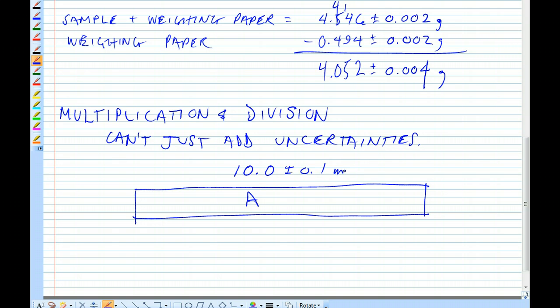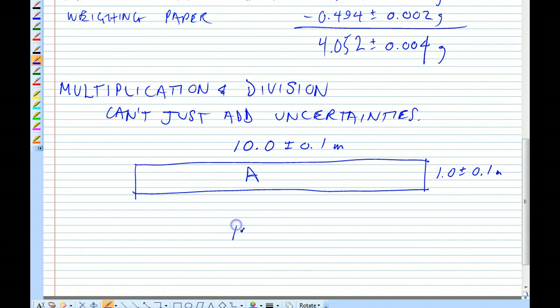So I'm able to measure within the nearest decimeter. Now on this side, it's 1 plus or minus 0.1. Now what's my area? My area is 10 square meters, right?